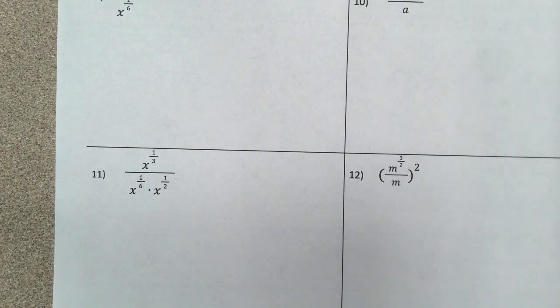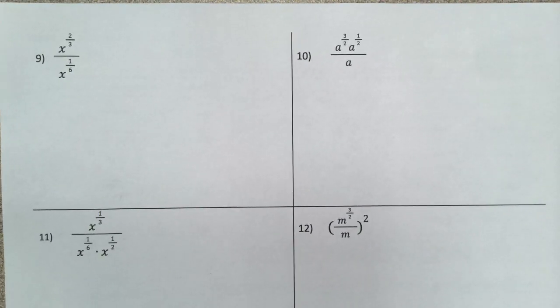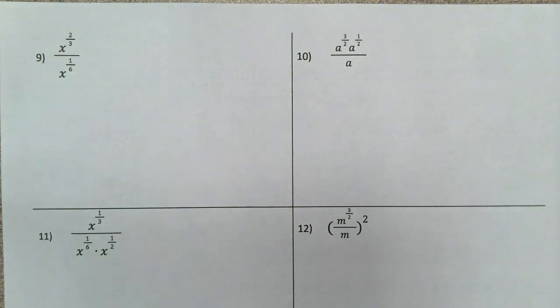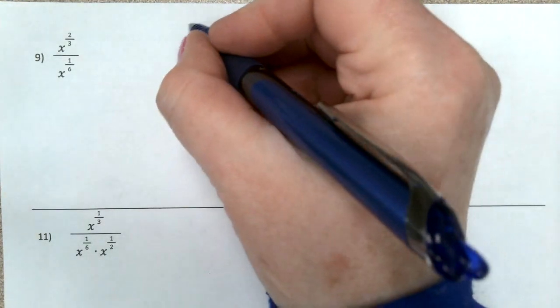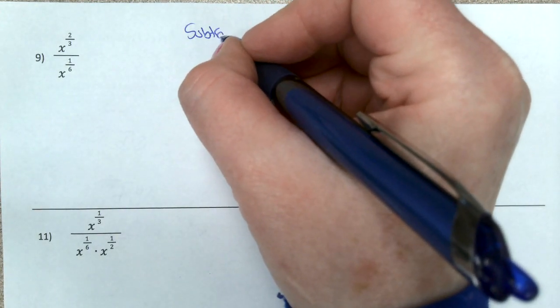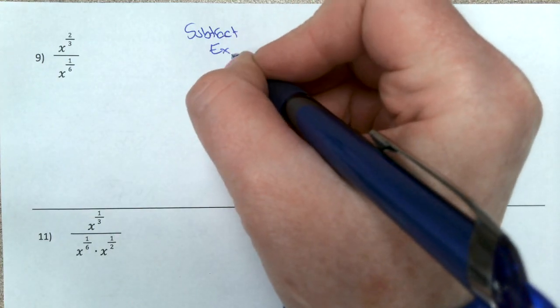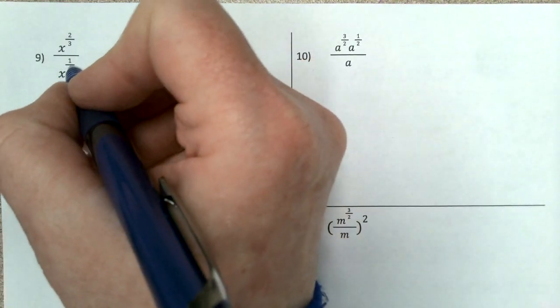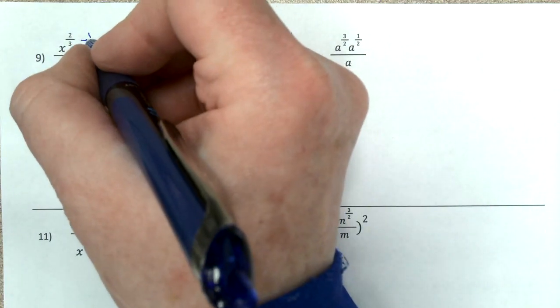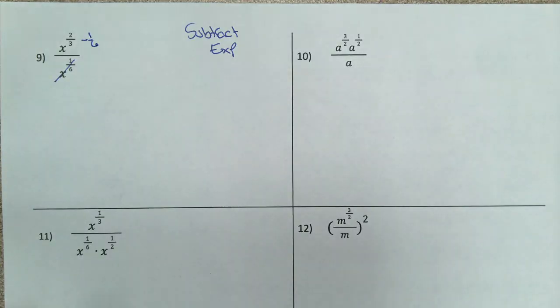In the next section, we are going to divide them. So when you divide, this is when you subtract your exponents. Sometimes I don't know which one is bigger, so I'm just going to go top minus bottom.